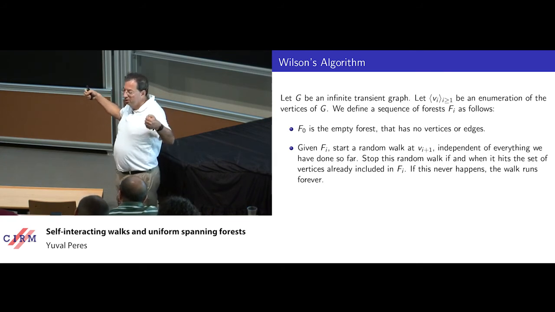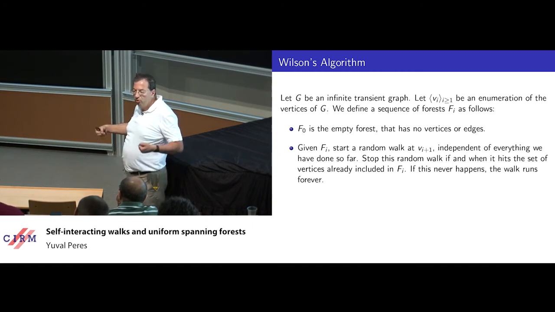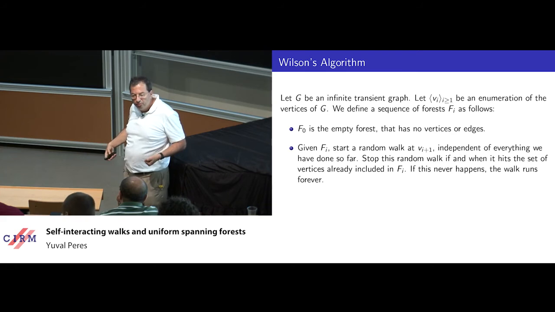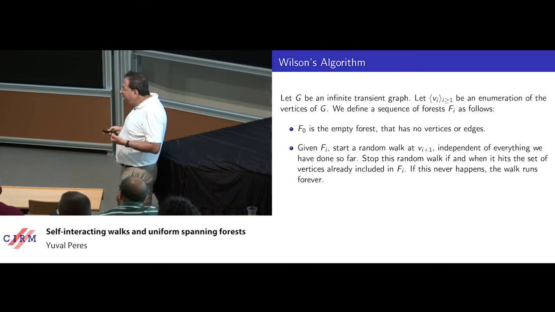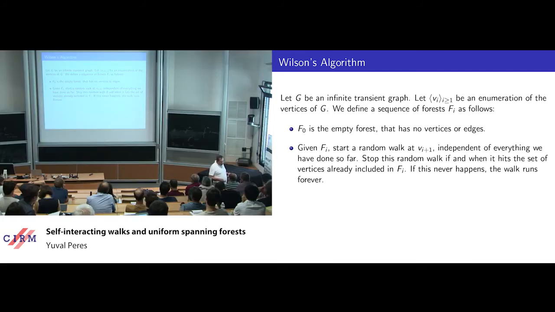And of course, a random walk will also not hit a loop erased walk, so you'll get a disconnected forest. The other direction requires knowing a little more. In dimension at most 4, in order to know that it's connected, you need to know that a random walk will hit a loop erased walk.